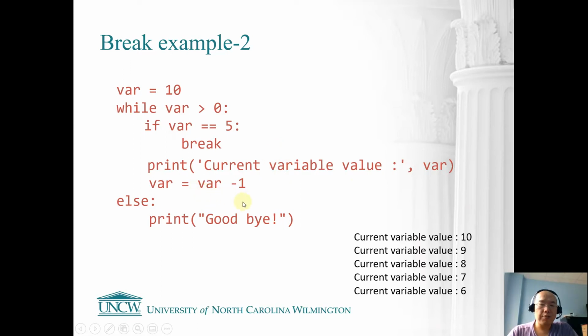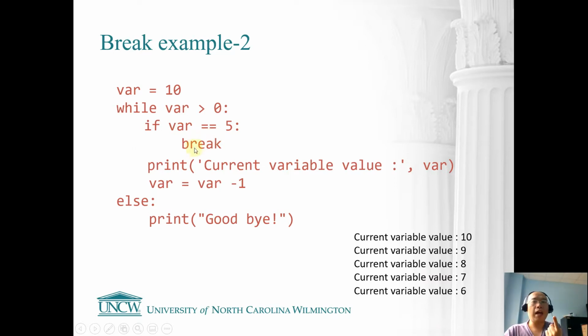So we start from 10, 9, 8, 7, 6, and when we get down to 5, 5 greater than 0 is true, so no problem. And here, the value equals 5 is true, and then we do a break.